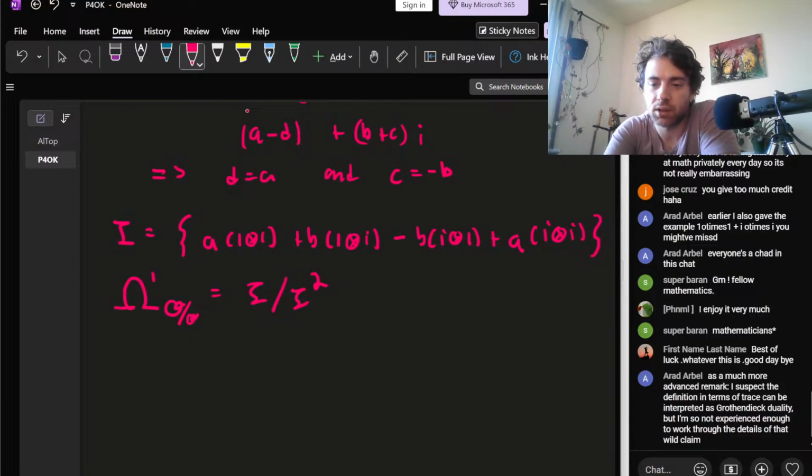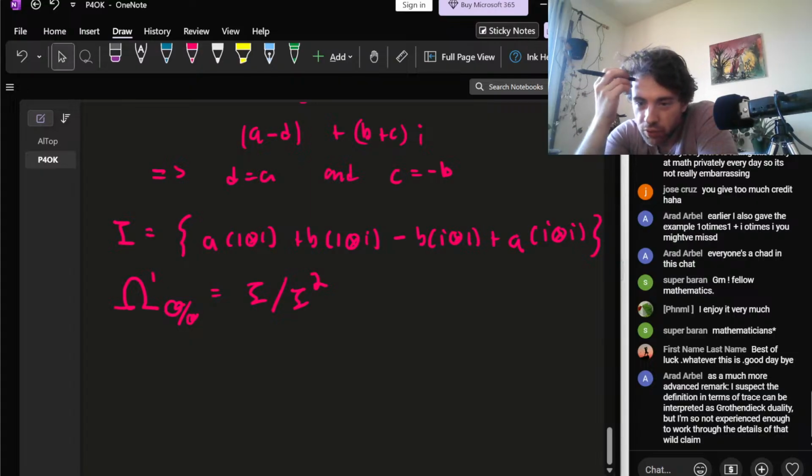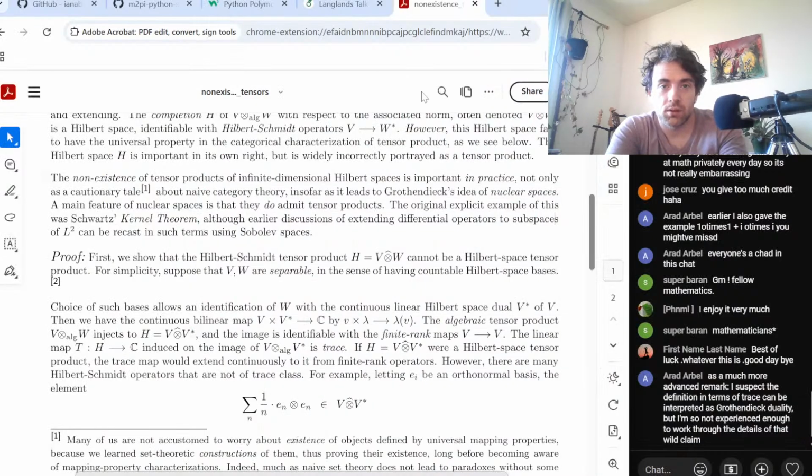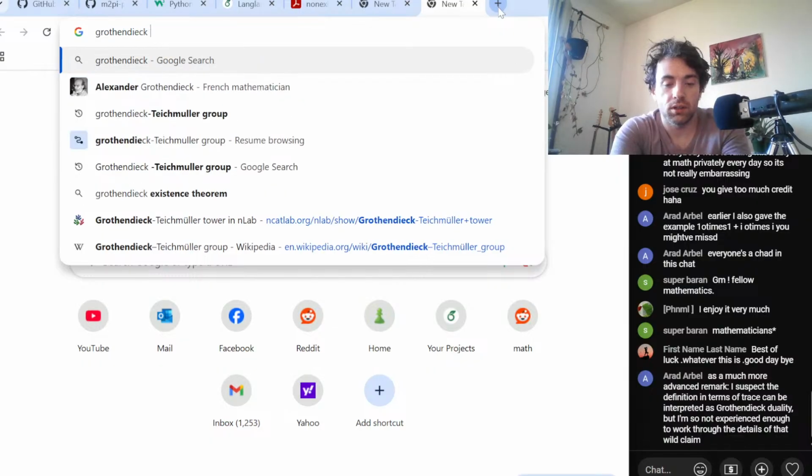Maybe not. Let's see. As a much more advanced remark, I suspect the definition in terms of trace can be interpreted as Grothendieck duality, but you're not experienced enough to work through the details of that wild claim. Grothendieck duality.